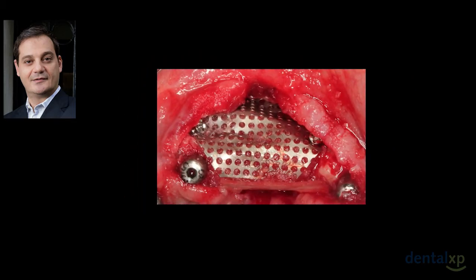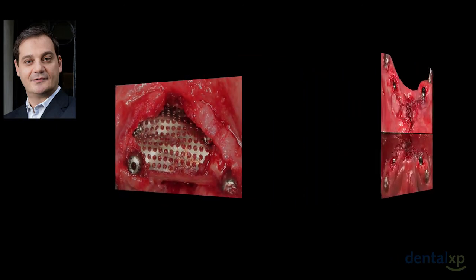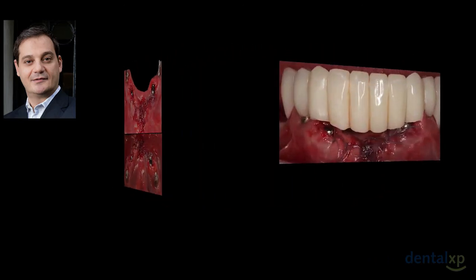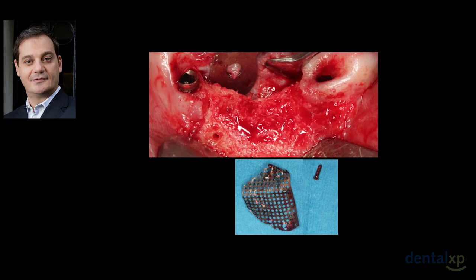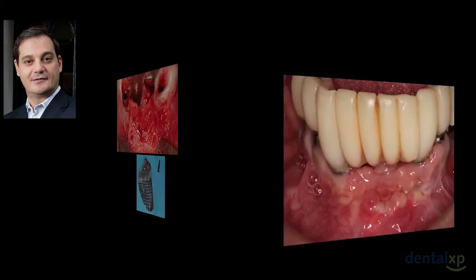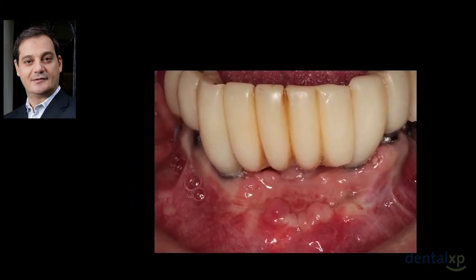Same thing, we did it here with a titanium mesh. And later on, when we expose that case, you can see the bone that we've reformed, or rebuilt, and we've also added some acellular dermal matrix to increase the soft tissue.